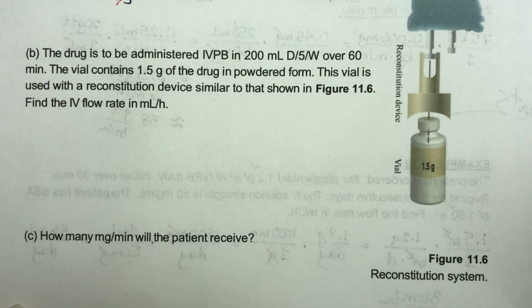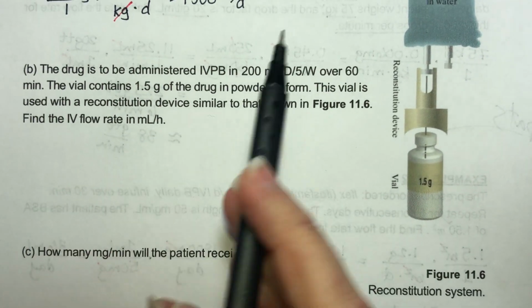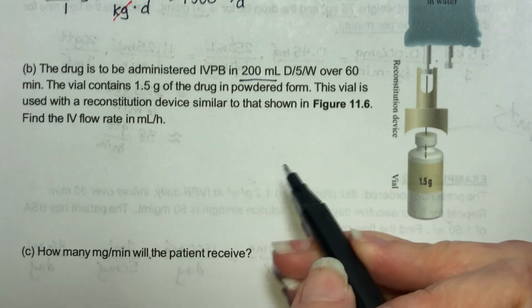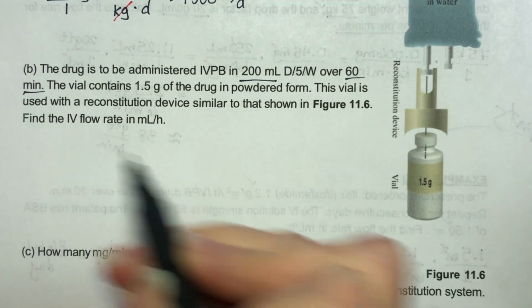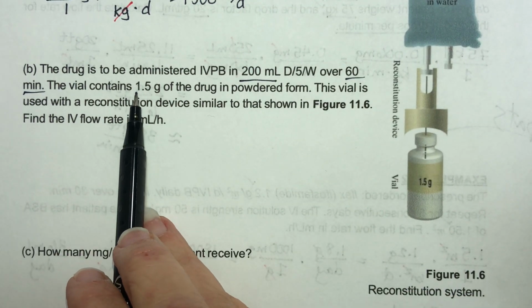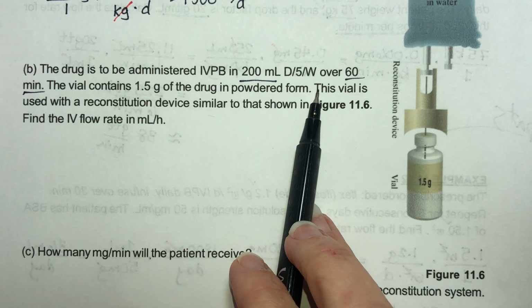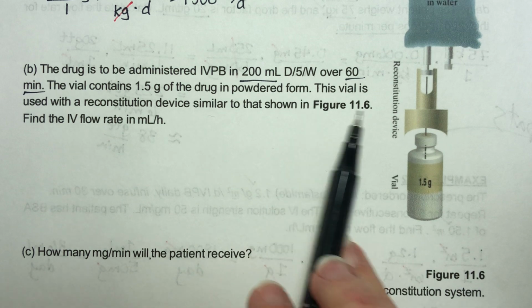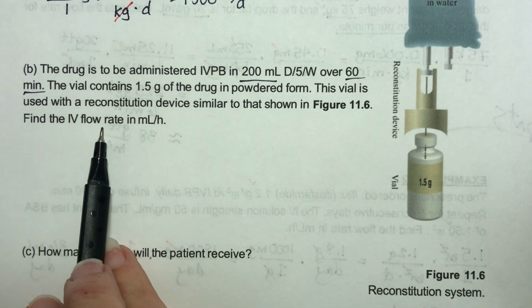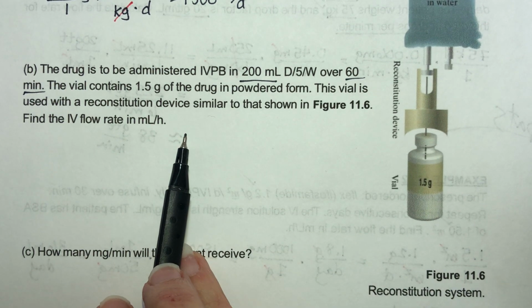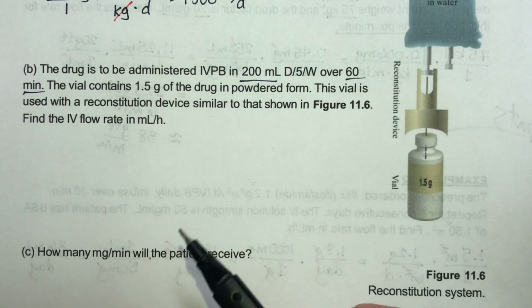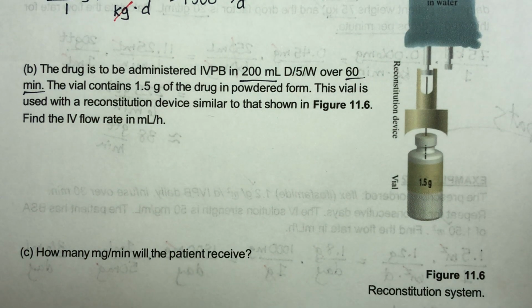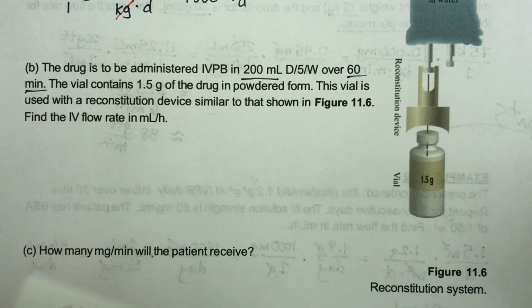Okay, so the drug is to be administered in 200 milliliters over 60 minutes. The vial contains 1.5 grams of the drug in powdered form. This vial is used with a reconstitution device similar to that shown in this figure. Find the IV flow rate in milliliters per hour. Okay, well, to find flow rate, it's always the volume over time.